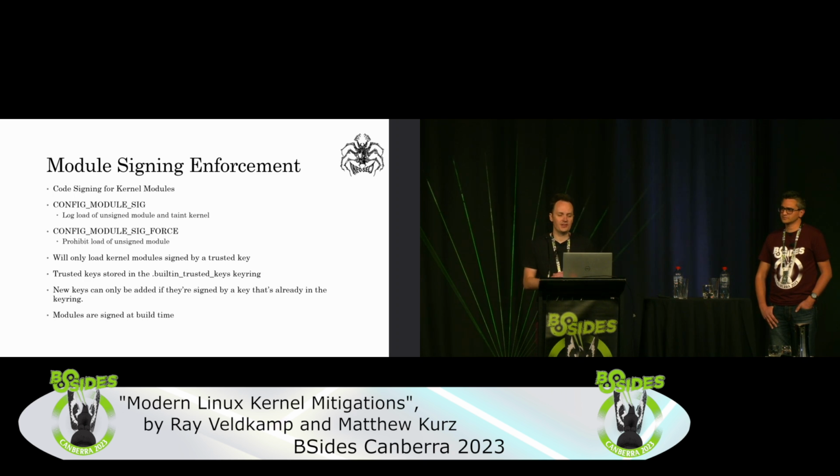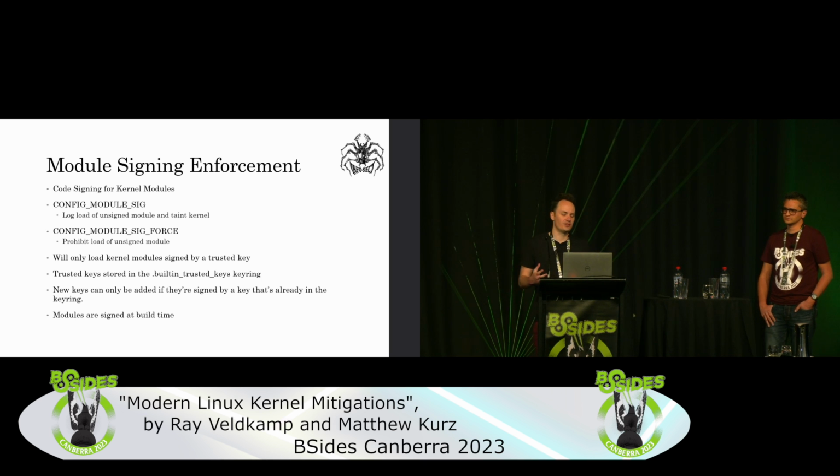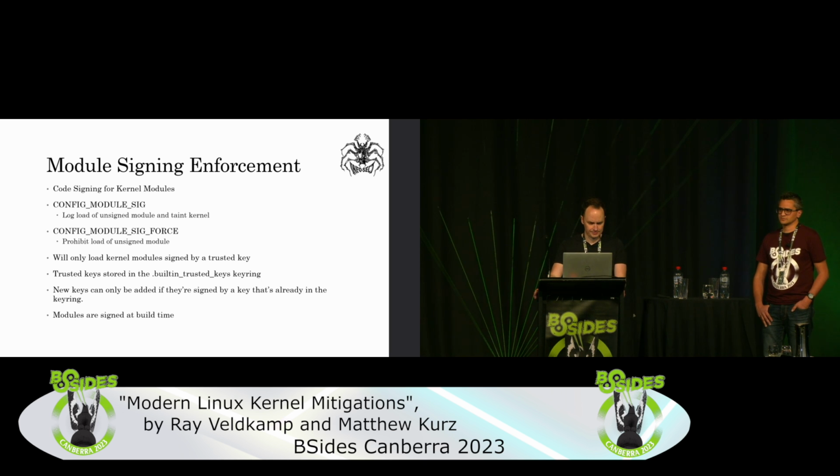So to defeat these kinds of attacks, something called module signing enforcement was introduced. And module signing enforcement is simply just the application of code signing to kernel modules. There are two configuration options that turn this on. The first one is really just a halfway measure, and it's CONFIG_MODULE_SIG.